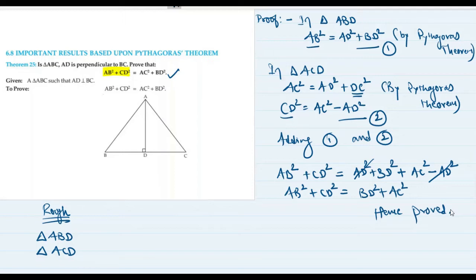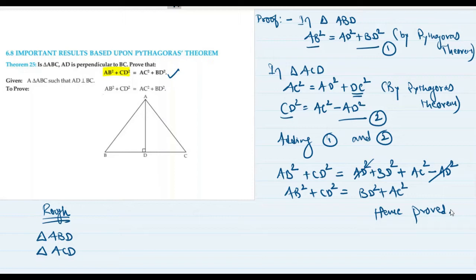The technique is that in any question based on Pythagoras theorem, first you need to identify which are the right angle triangles. And in those right angle triangles, you need to apply Pythagoras theorem. And then you need to ask yourself what needs to be proved.